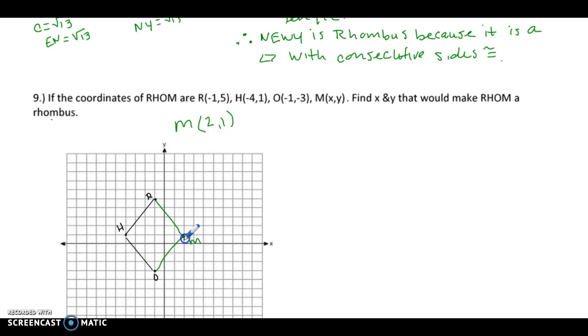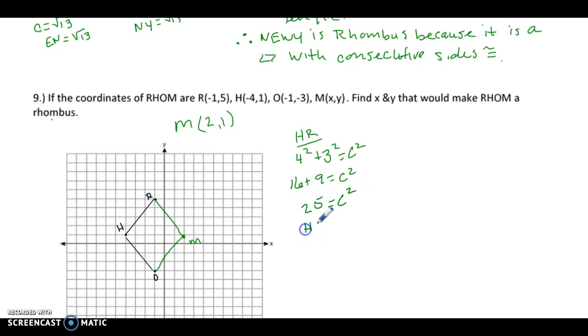Okay, in this case, they didn't say that I had to justify that this was a rhombus, but let's just make sure. If I go up 4 over 3 here, let's make sure that this one would be the same length. Down 1, 2, 3, 4 over 1, 2, 3. So if you think about doing Pythagorean theorem here, HR would be 4 squared plus 3 squared, which is 16 plus 9, which is 25.